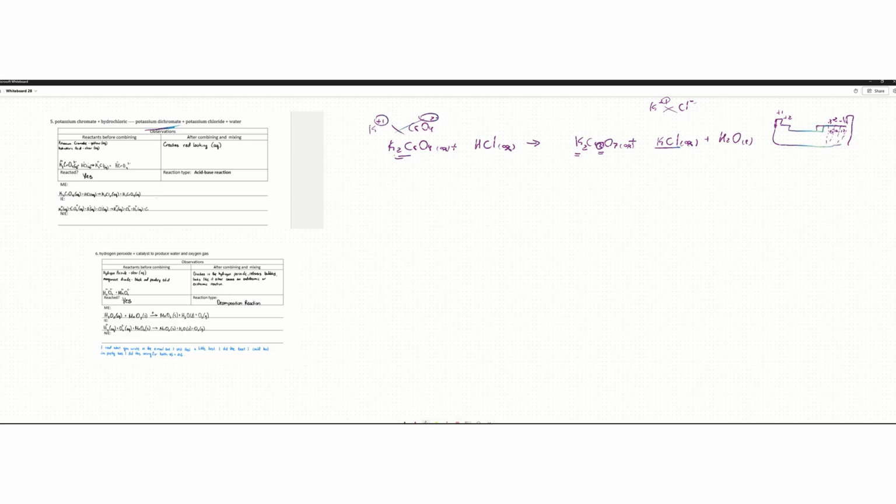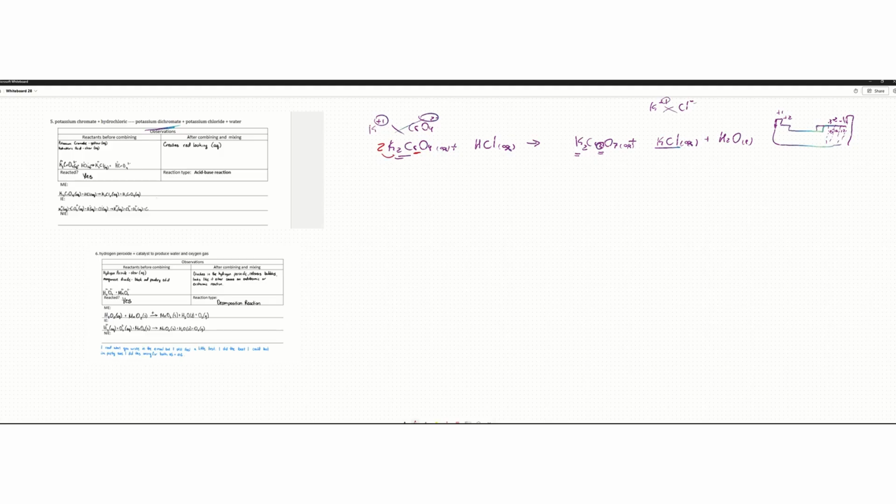And here I only have 1. So I need to add 2 more. So now I'm going to have 4 potassium, 2 chromiums, and 8 oxygen, right?